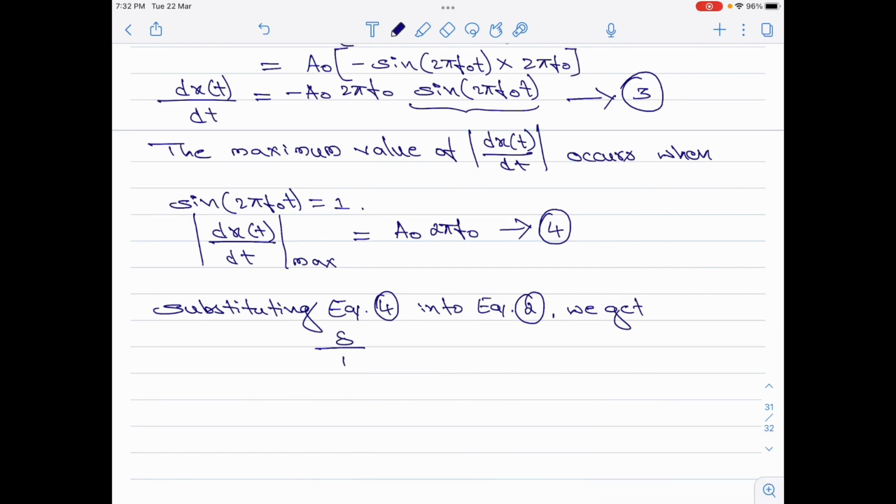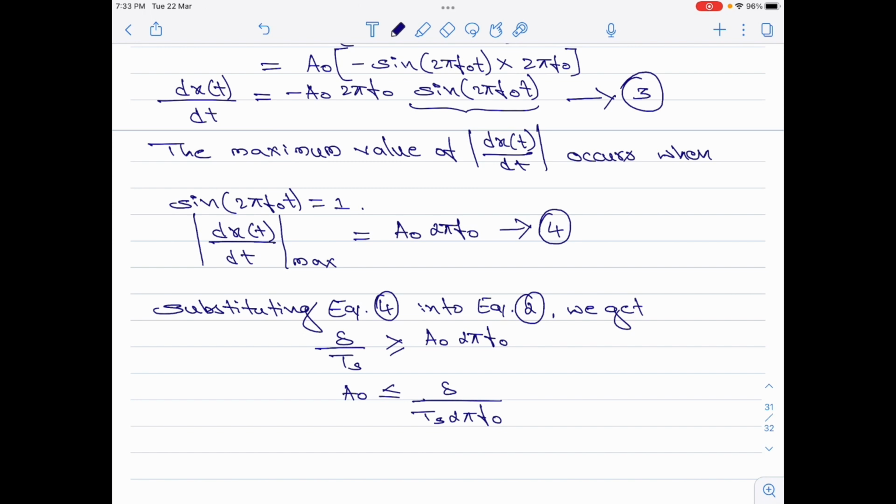Delta divided by Ts is greater than or equal to the maximum value of dx of t by dt, which is A naught 2 pi f naught. I'll rearrange this for A naught. So, A naught is now less than or equal to delta divided by Ts into 2 pi f naught.